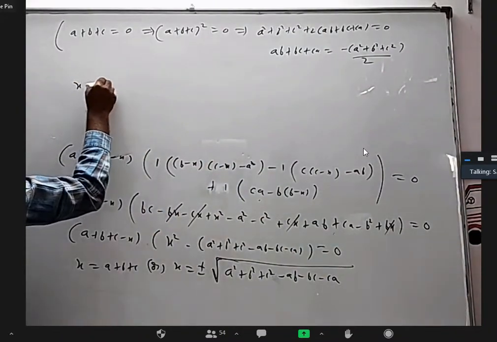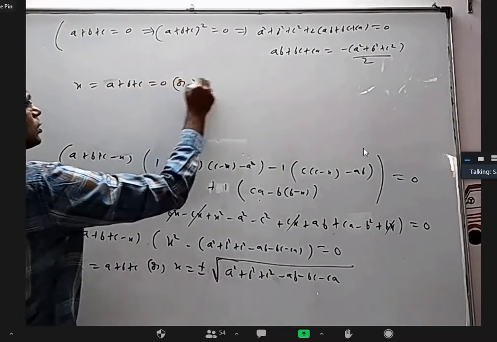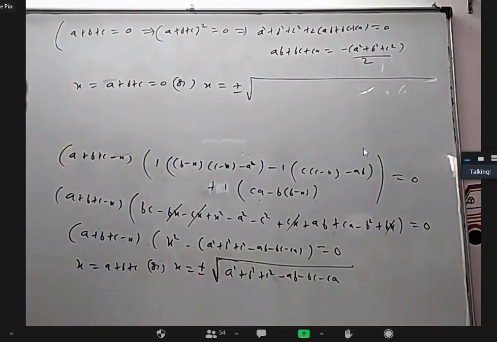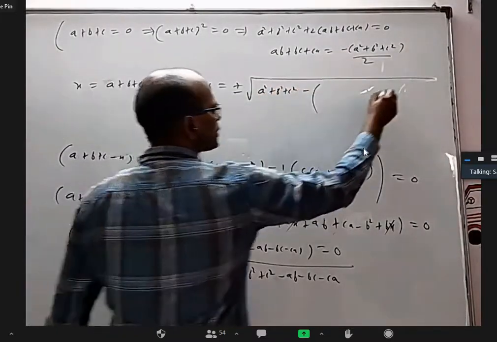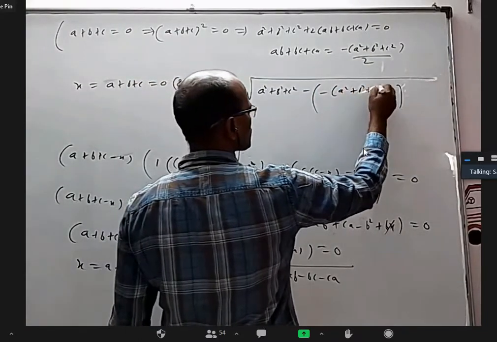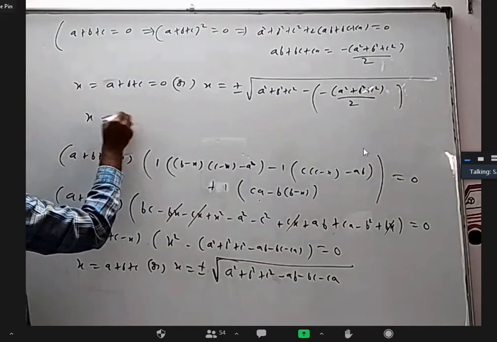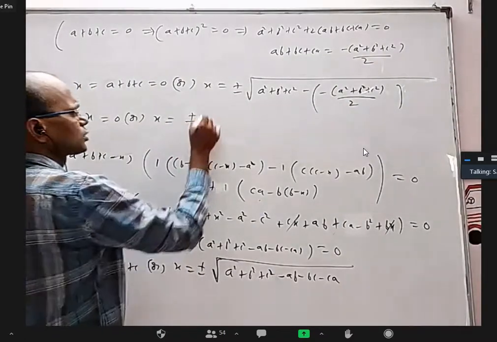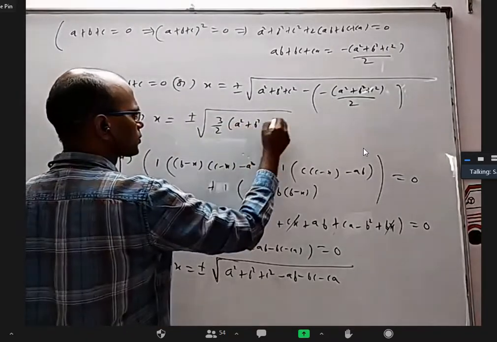So I got X is equal to A plus B plus C, which is 0, or X is equal to plus or minus square root of A square plus B square plus C square minus, in the place of AB plus BC plus CA, I can write minus of (A square plus B square plus C square) by 2. Okay, that is X equal to 0 or X is equal to plus or minus square root of 3 by 2 times (A square plus B square plus C square).